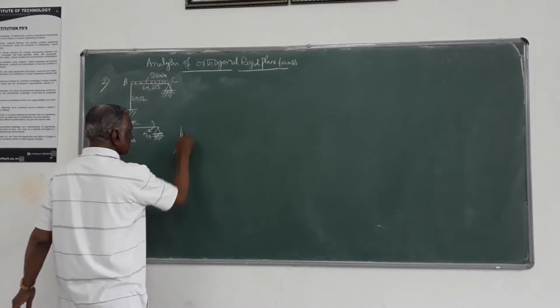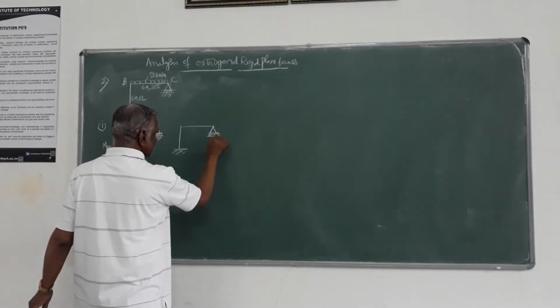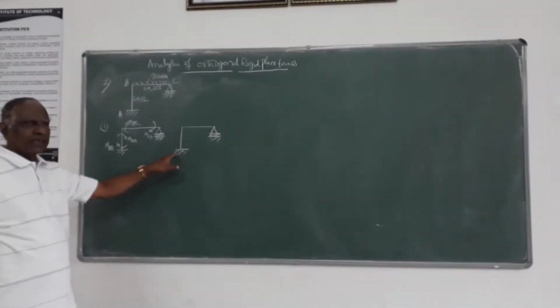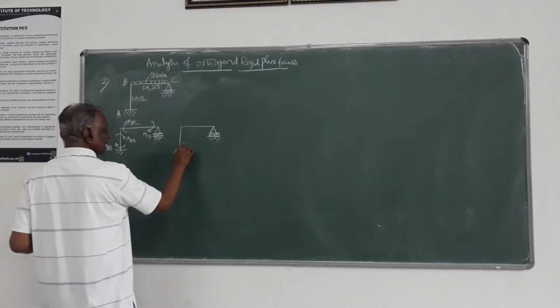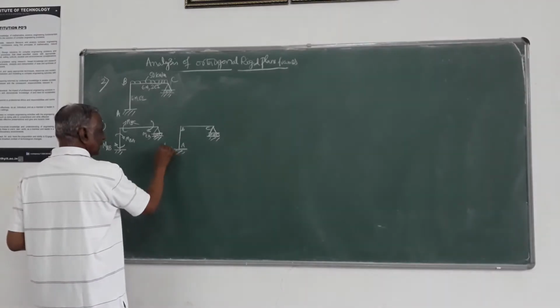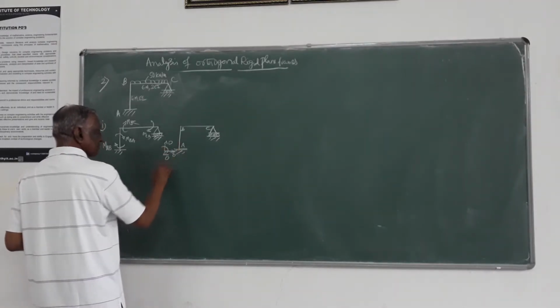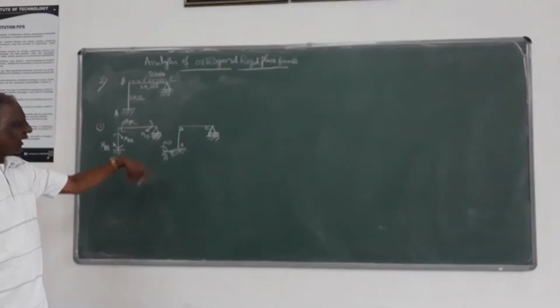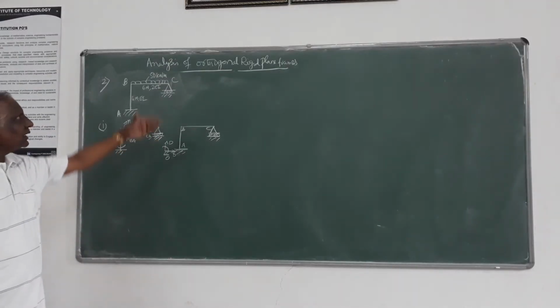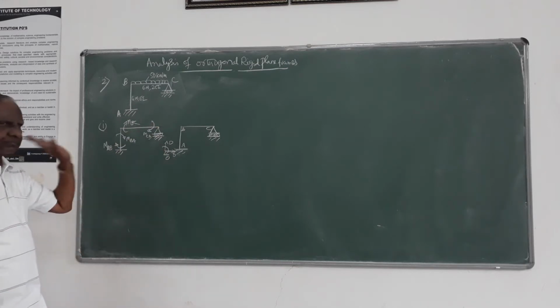Then coming to the unknown displacements at each joint. First let us examine the supports. Here support A is fixed. Since it is fixed, there cannot be any displacement. All three displacements, that is two translations and a rotation, which are possible in this rigid plane frame, are not going to occur at all.